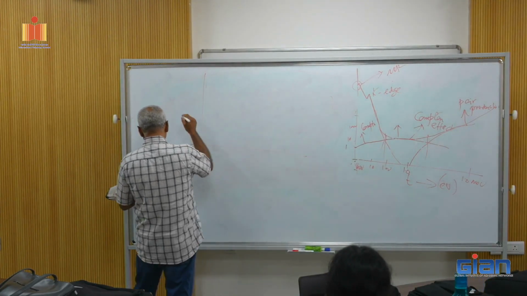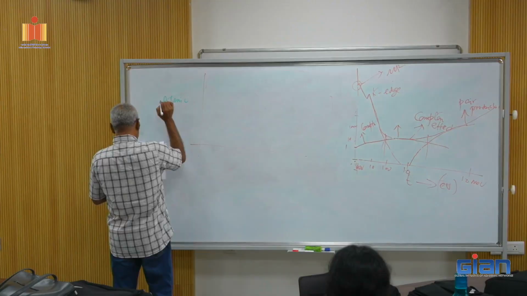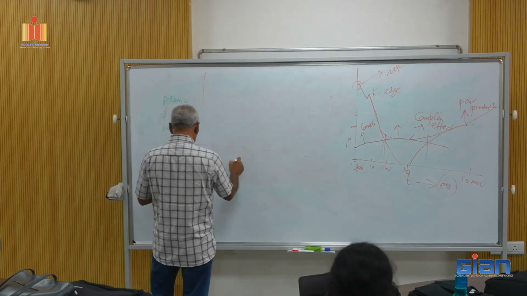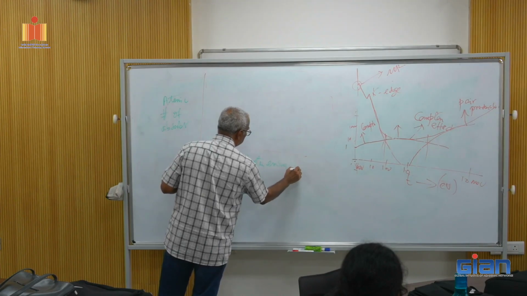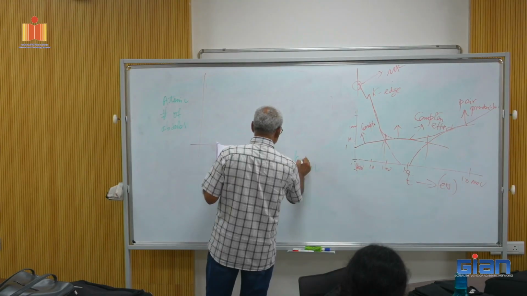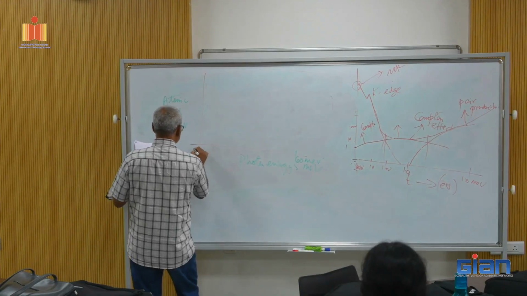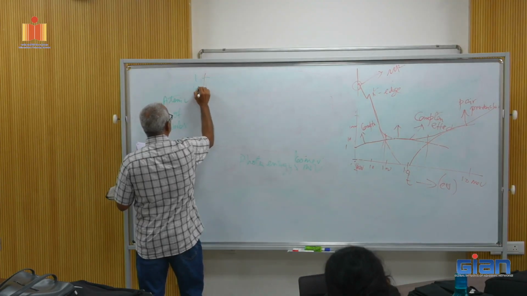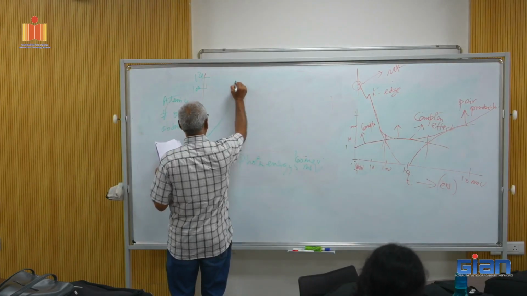This will be atomic number of the absorber versus the photon energy in MeV. Okay, so let's say this is 60 MeV, and let's say 0.1, this is 100, this is 120, and so on. So this will be some domain. This one.